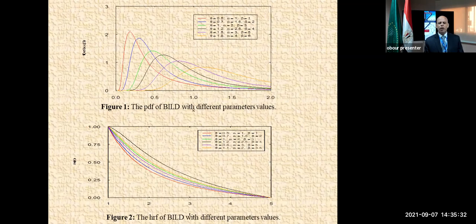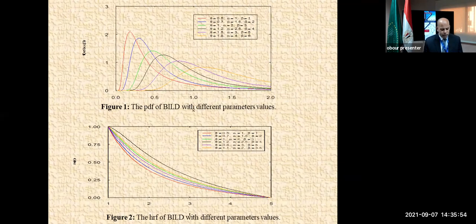Now we have a mixture of the two, and we can fit any data better, for example, apply this distribution to fit data like COVID-19.